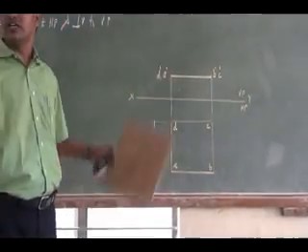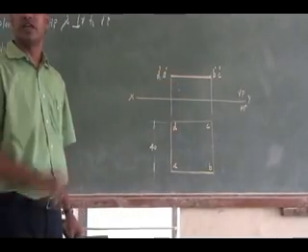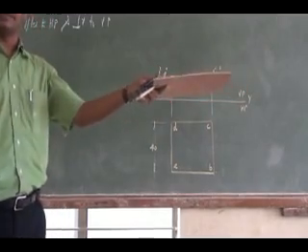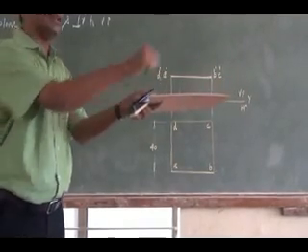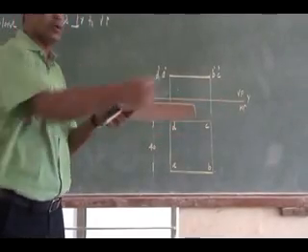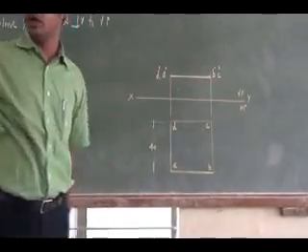Now, still it is not over. What is missing? Which one is hidden and which one is visible? I have marked A, B, C, D. A, B is visible, C, D is hidden.